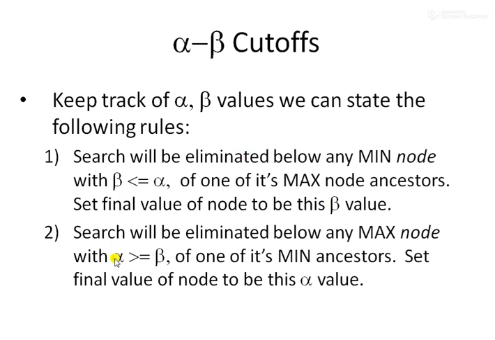Similarly, searching will be eliminated below any max node if the alpha value is greater than or equal to the beta of one of its min ancestors. So these rules can be framed. Alpha is related with max, beta is related with min, and one condition is that when alpha is greater than or equal to beta, we'll have to cut down the branches of the tree, okay?